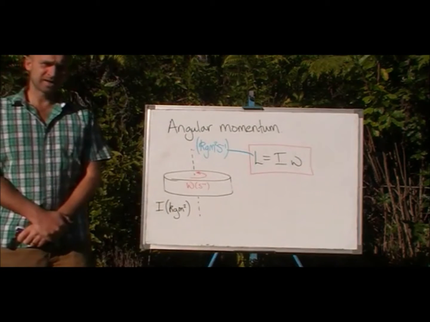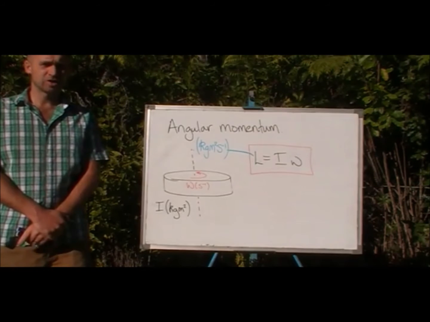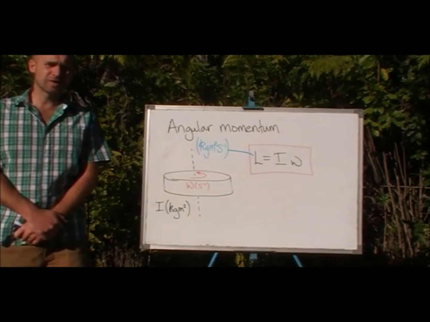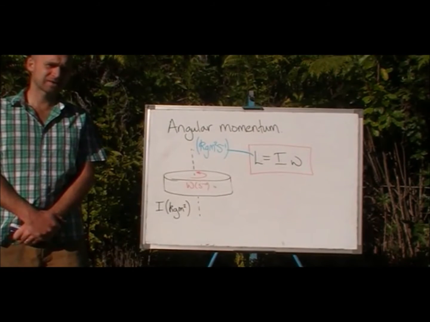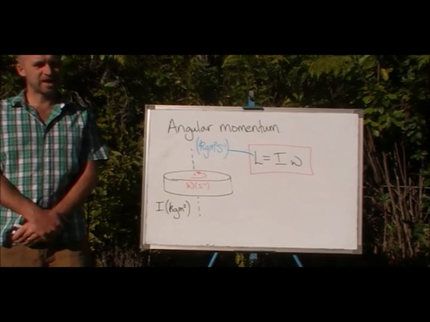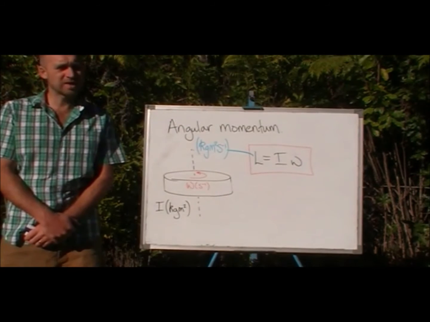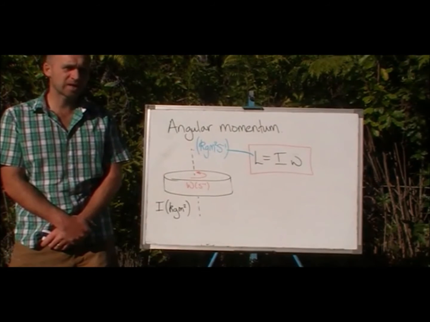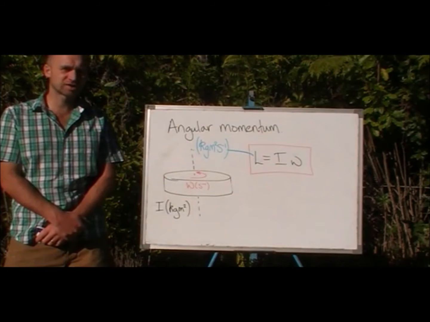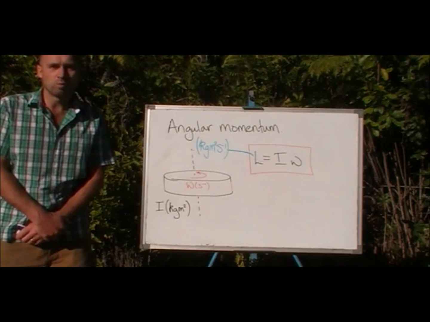Now the weird thing about angular momentum, similar to normal momentum, is that it is always conserved so long as no external torque acts on the body. Nothing speeding it up, nothing slowing it down. That means that angular momentum must be conserved. Weirdly, with a linear body, we can't just tweak mass. But with a rotating body, we can just tweak inertia, because we can change the spread of the mass in a rotating body while it's rotating.